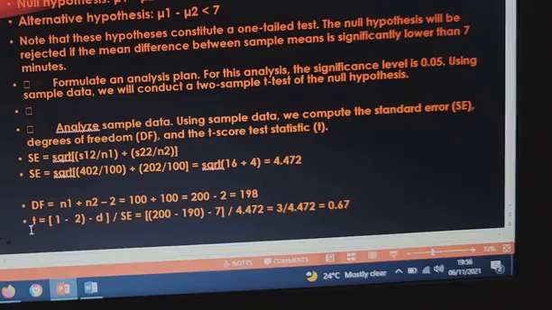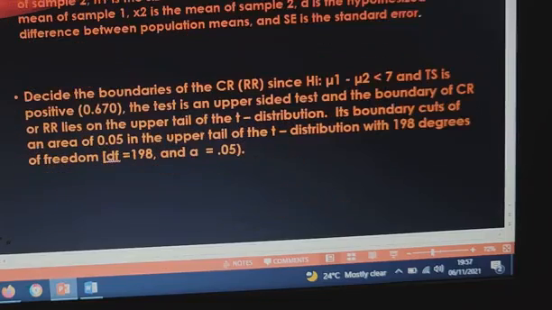T equals (X1 minus X2 minus D) over SE, equals (200 minus 190 minus 7) over 4.472, equals 3 over 4.472, equals 0.67.